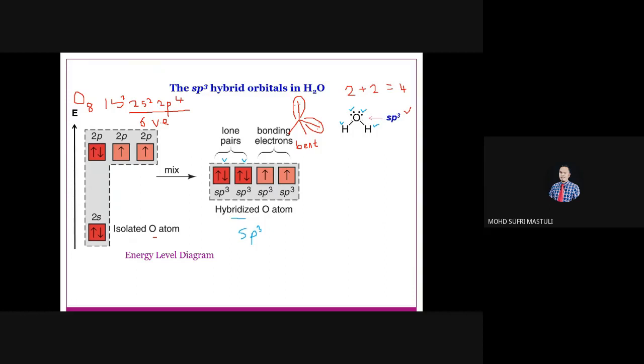So in terms of geometry, it is the same, with oxygen in the middle, and then we have tetrahedral, but we have two lone pairs, and then we just have this one. So these two will overlap with hydrogen. Hydrogen has an s orbital.